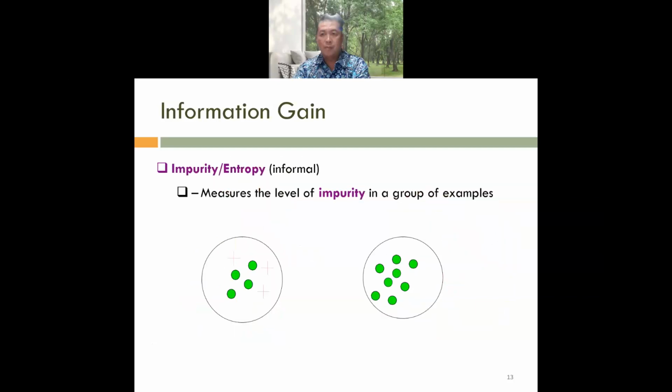Also this one is very informative, and this one is not very informative. So we say the impurity of this one is low and the impurity of this one is high. Impurity means that the class membership belongs to not 1 but more than 1.